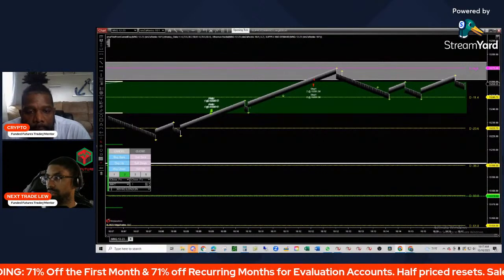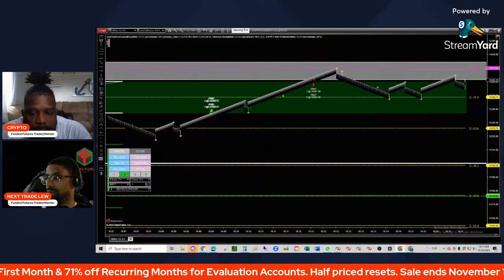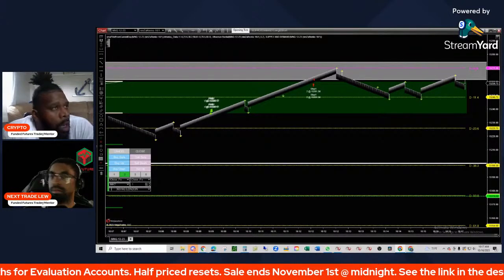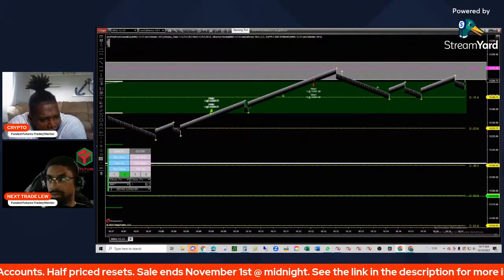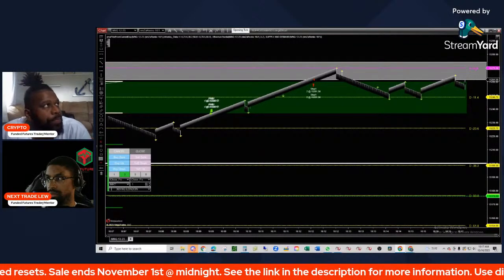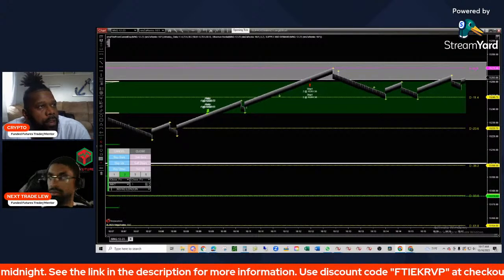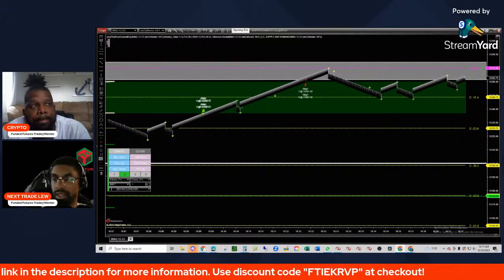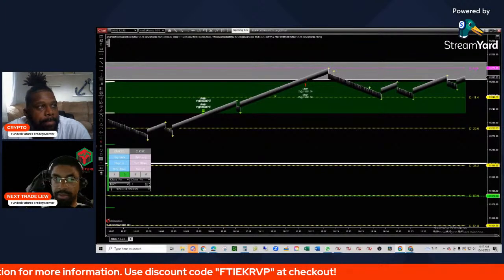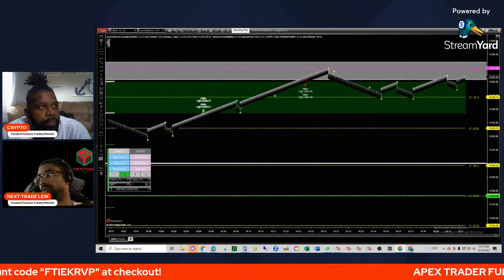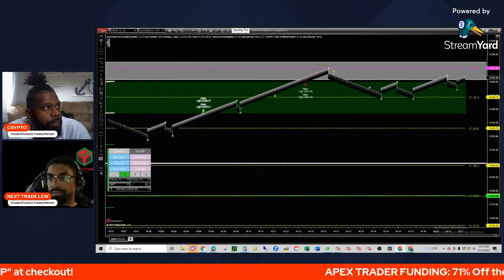Just continue dumping. Continue down. These markets have slowed down. It's so crazy, after 45 minutes of it being open.